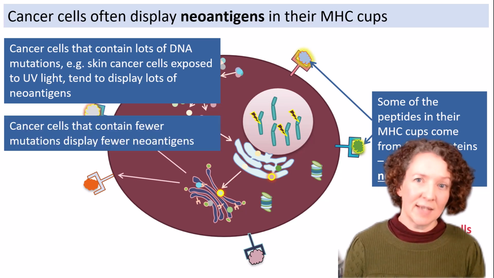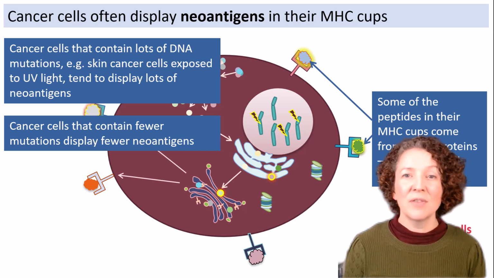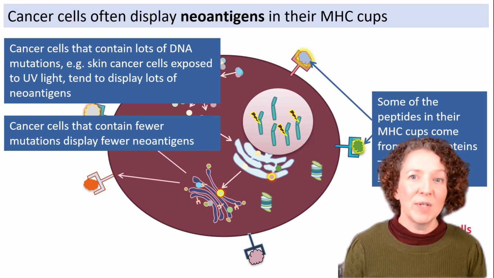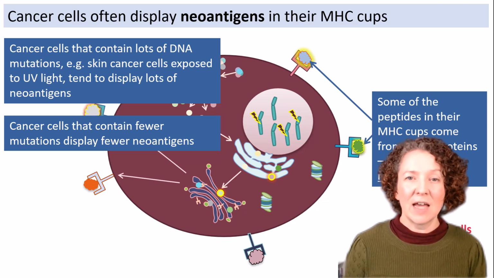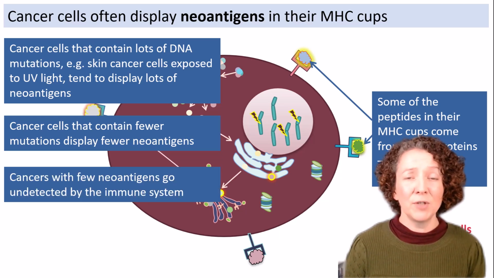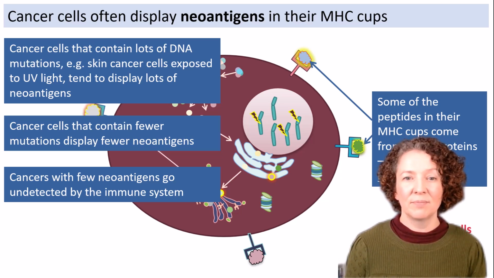But if a cancer cell is driven by a handful of powerful mutations rather than the accumulation of thousands of small mutations, if it contains fewer mutations, it's less likely to have neoantigens displayed on its surface. And cells with fewer neoantigens are likely to go undetected by our immune system.